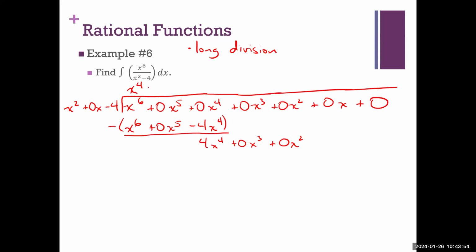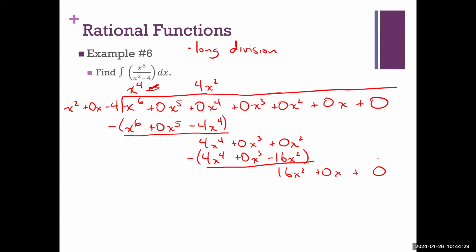So I'm going to skip down by powers of 2. So 4x squared. What do I do with that 4x squared? Multiply by all the terms in the divisor. That becomes 16x squared plus 0x plus 0.